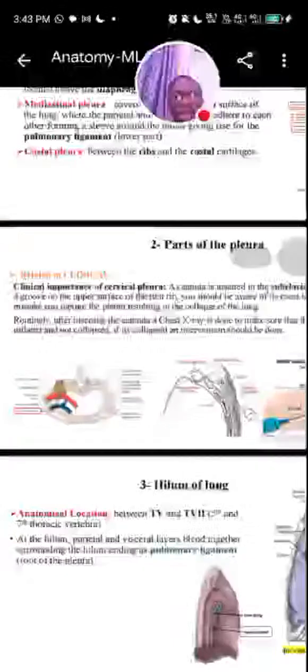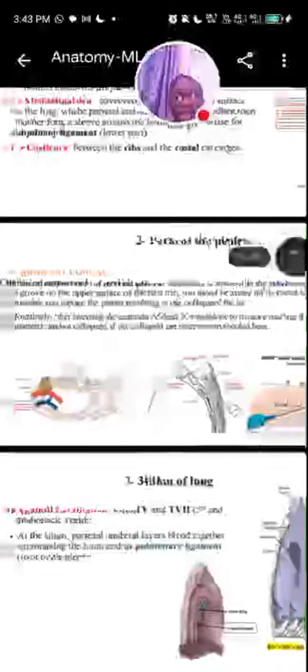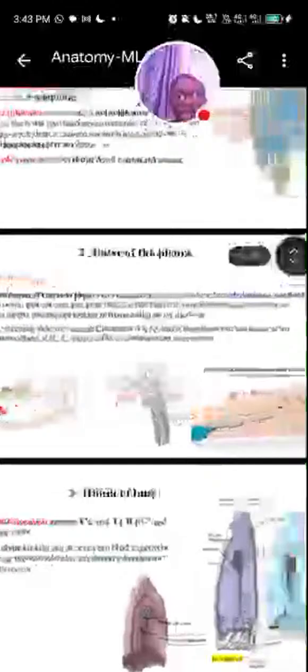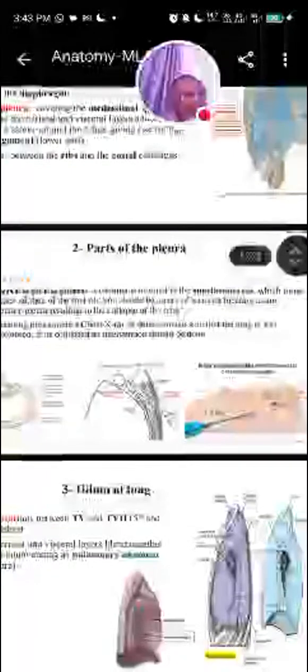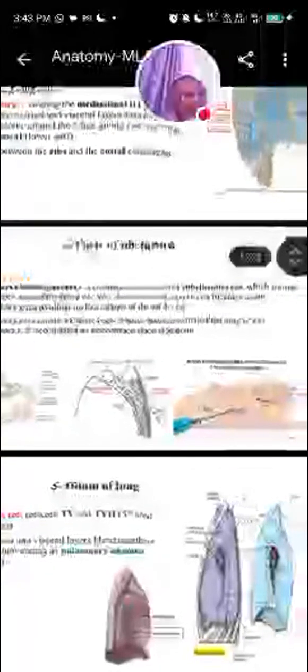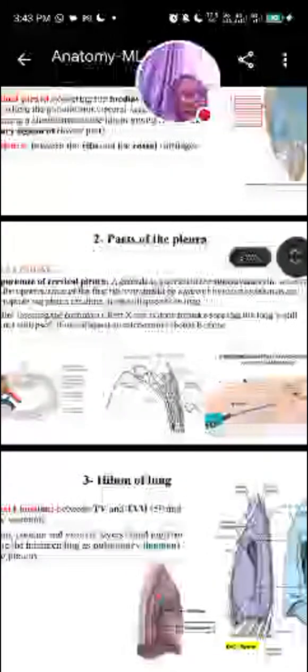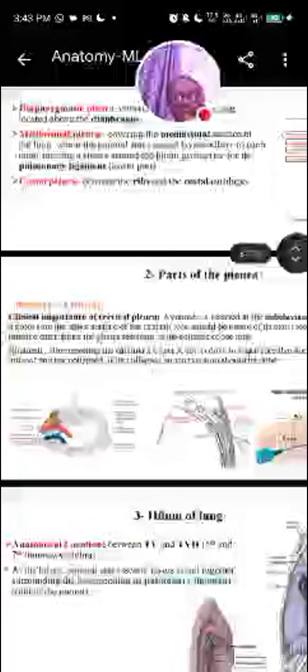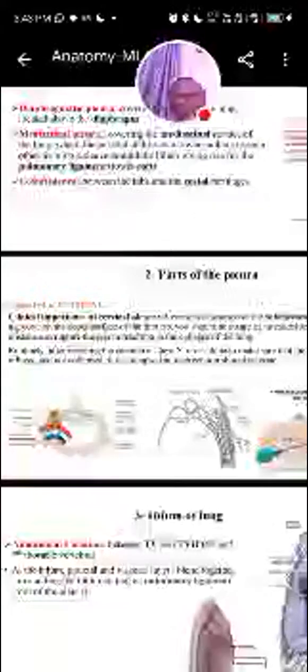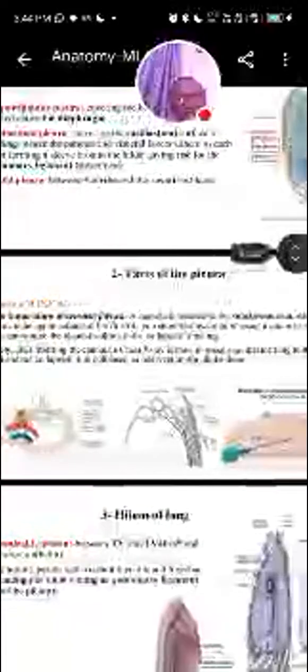Routinely, after setting the cannula, a chest X-ray is done to make sure the lung is still inflated and not collapsed. If it's collapsed, an intervention should be done.